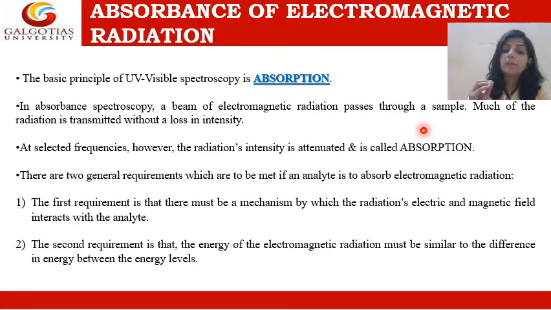So we impose a beam of electromagnetic radiation on a sample. When that beam passes through the sample, much of the radiation is transmitted without a loss in intensity. As if we have 100% intense radiation, the much of the radiation passing through the sample has the same intensity.